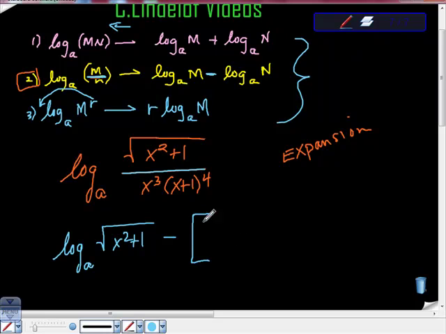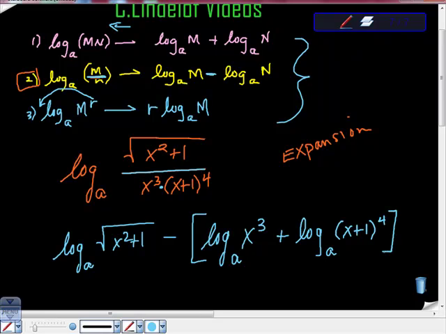You don't have to use this shape. For me, it reminds me that I have unfinished work. So I'm going to take log base a of x cubed, right? I'm down here at the bottom. These things are being multiplied, so I'm going to do plus down here, plus log base a of x plus 1 to the fourth power.